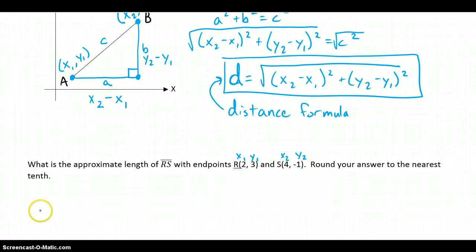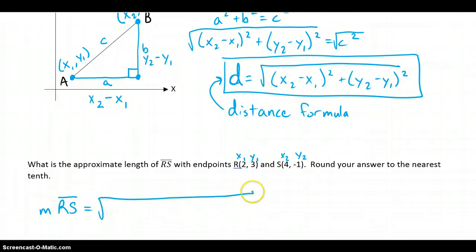So to figure out the measure of RS, the length of segment RS, I'm going to use the distance formula and plug in these values. So I have (4 minus 2) squared plus (negative 1 minus 3) squared.